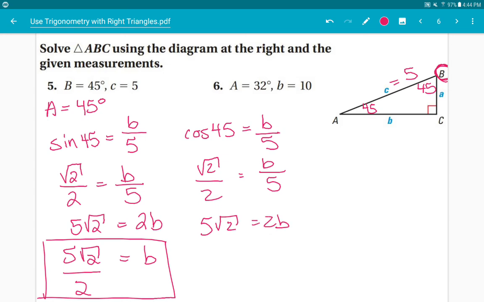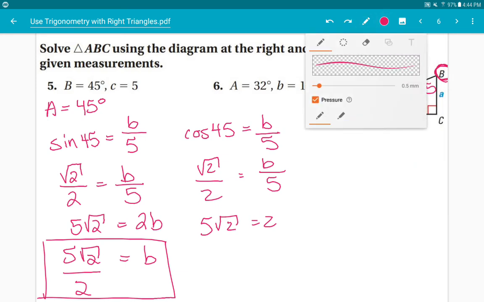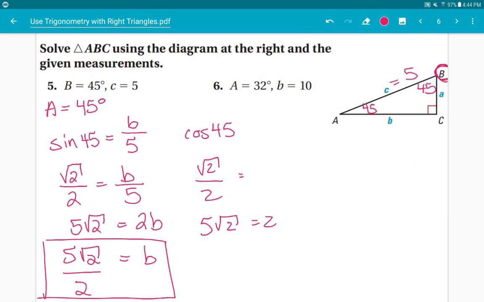Sorry, I put b, this should be a. So a over 5, 2a, 5 radical 2 over 2 equals a.